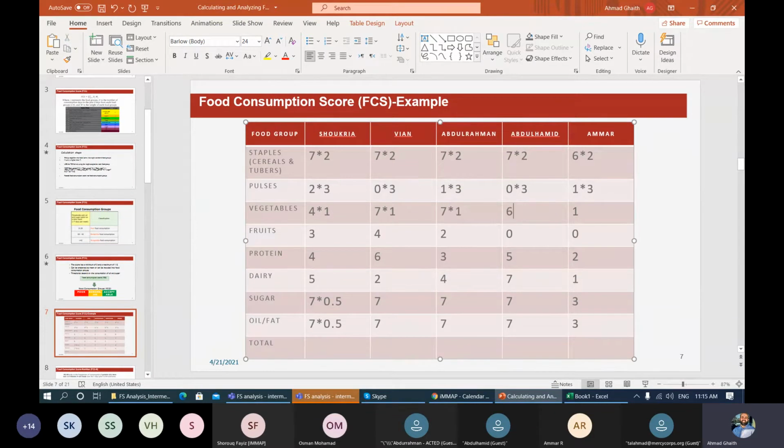I mean, vegetables and fruits you're hearing all the time, it's important for your diet, but why would we only give it a score of 1 in the food consumption score? Why, everyone, is the weight on vegetables and fruits only 1, even though we know they have certain vitamins and nutrients?